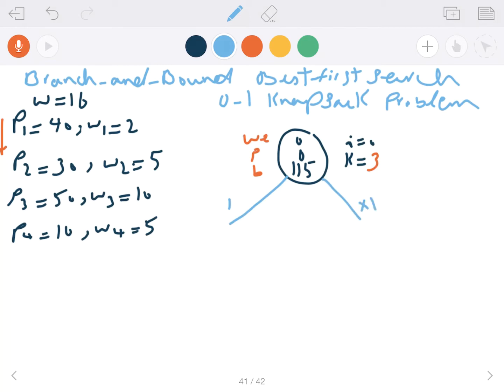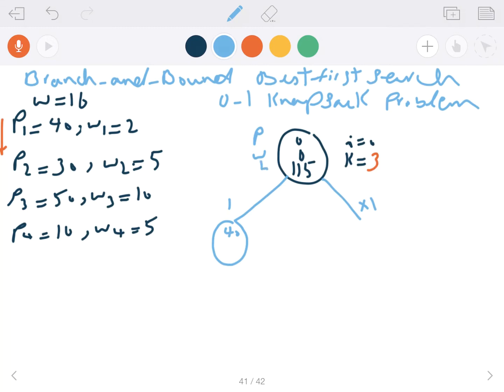If you're including item 1, again, I'm not going to calculate these things, but let's put the first one to be the profit, the second one the weight, and the last one the bound.